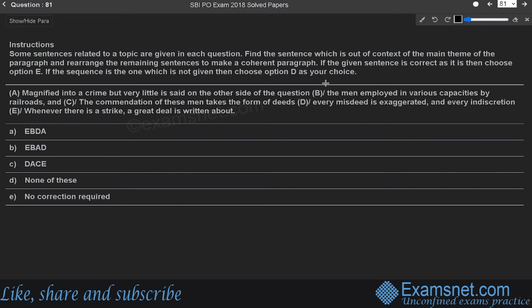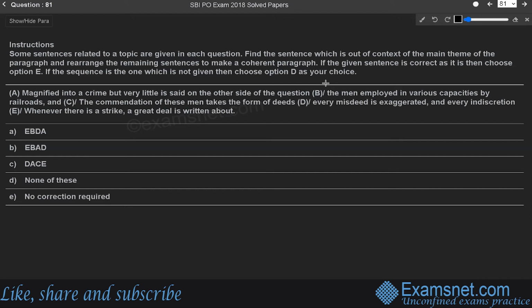On carefully reading these parts, we see that the subject of the sentence here is the men employed in the railroads and the attribution during the strikes. E introduces the subject, hence it should be your opening part. B should follow E as it explains about whom. Fragments D and A form a pair as they mention what usually happens and what is excluded.